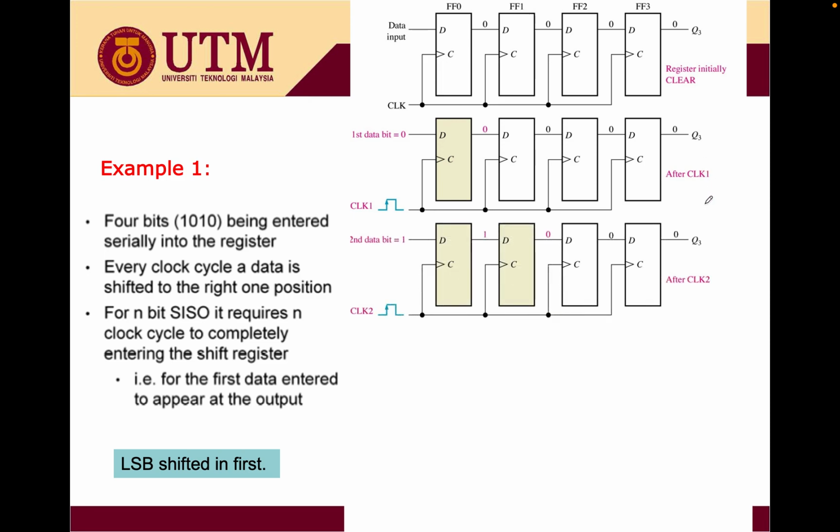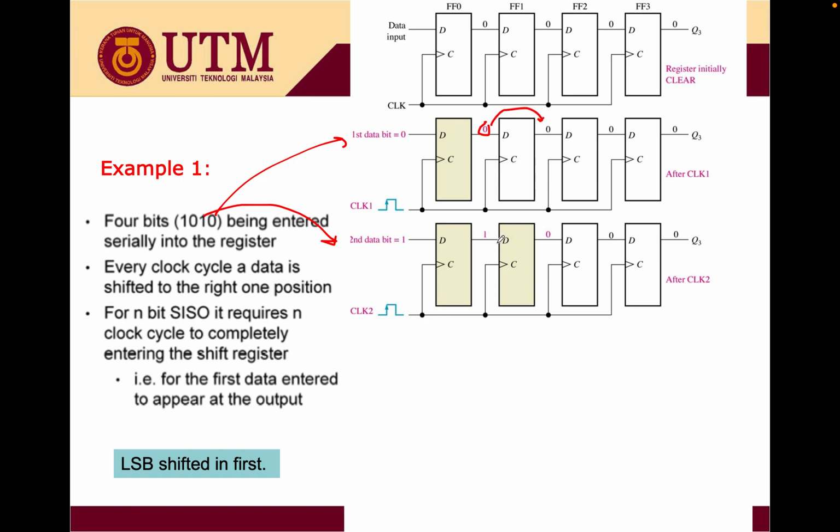Second clock, you have what? Okay, this is the first clock. This is your second clock. Another bit will be entered in. So you're going to shift from this one, which is 0, right? In the initial part, this is 0, 0, 0. And then after that, when you have the feed in of 1, this flip-flop will be 1, and this input will be shifted to here.